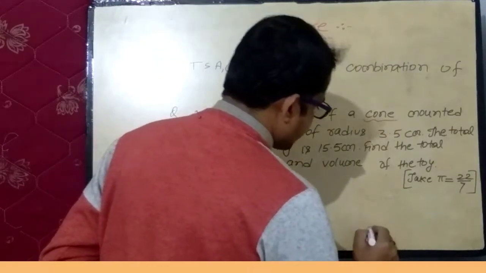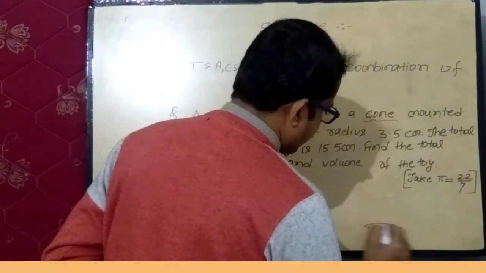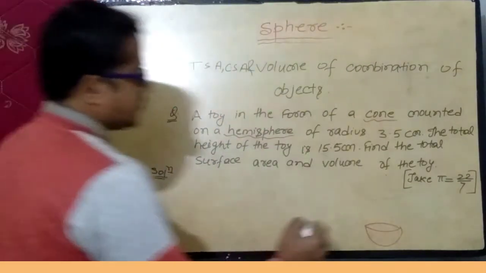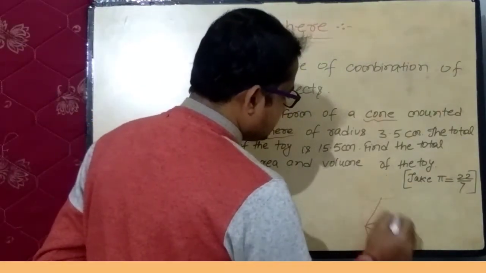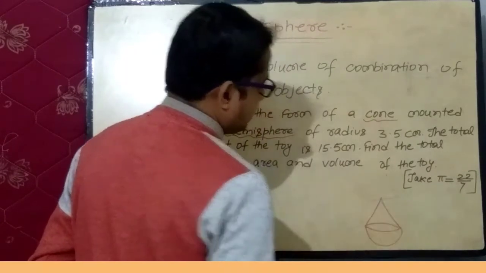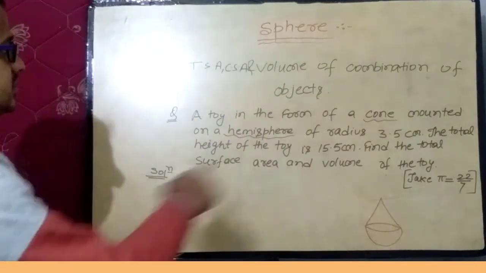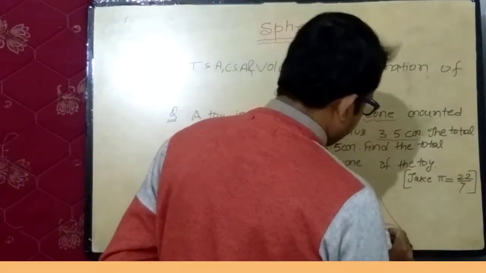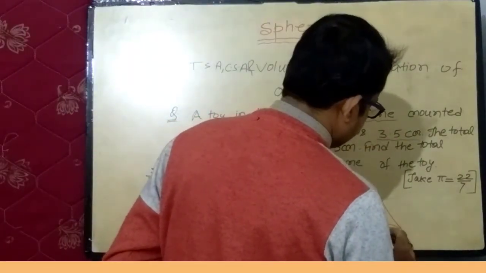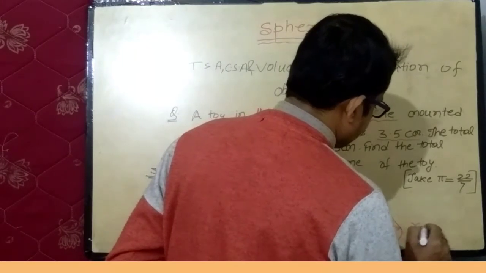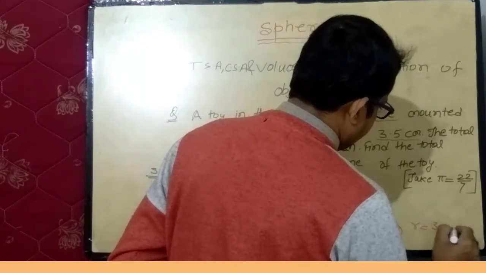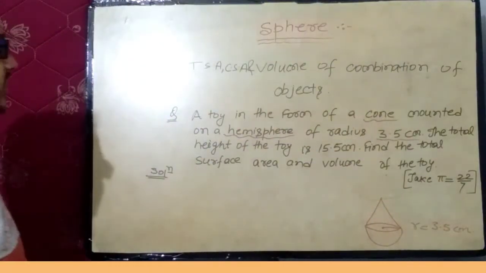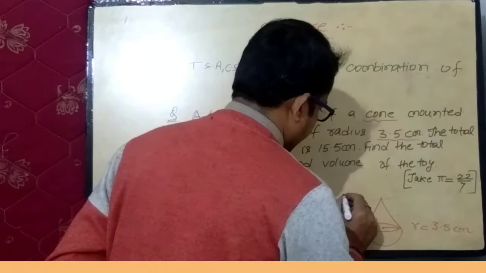So suppose this is hemisphere and a cone is mounted on this hemisphere. This is a toy of radius 3.5 centimeter. It is given that radius of this hemisphere is 3.5 centimeter. The total height of the toy is 15.5 centimeter.